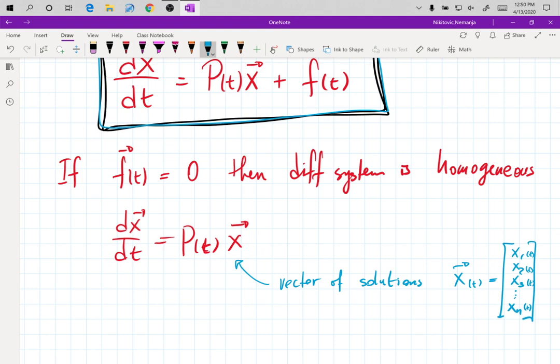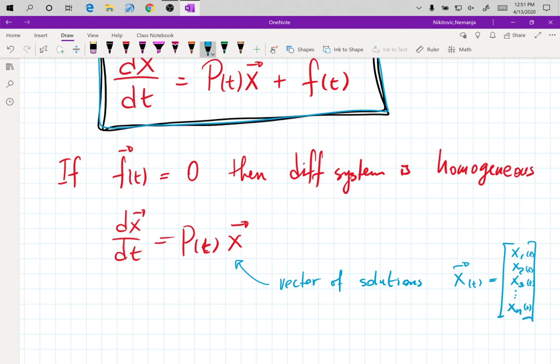And for 2 by 2, if we multiply by the inverse of P, we will get it alone. Now, I'm trying to see if they put that in this lecture or they moved that somewhere else.